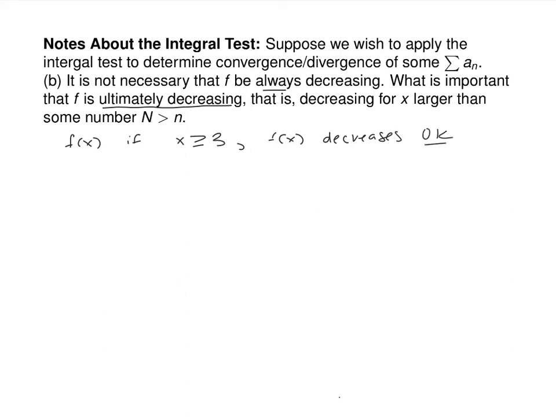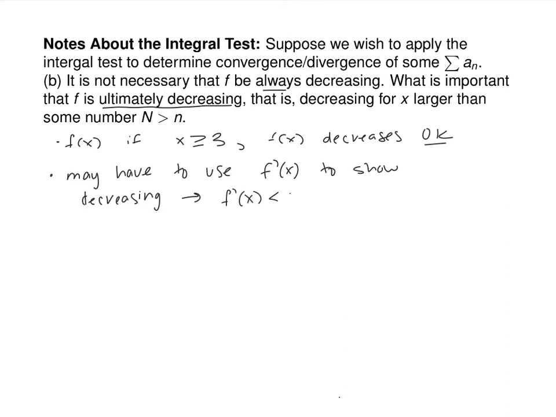And to establish decreasing, you may have to use f prime. And remember, from calculus 1, a function is decreasing if f prime of x is negative, or less than 0.